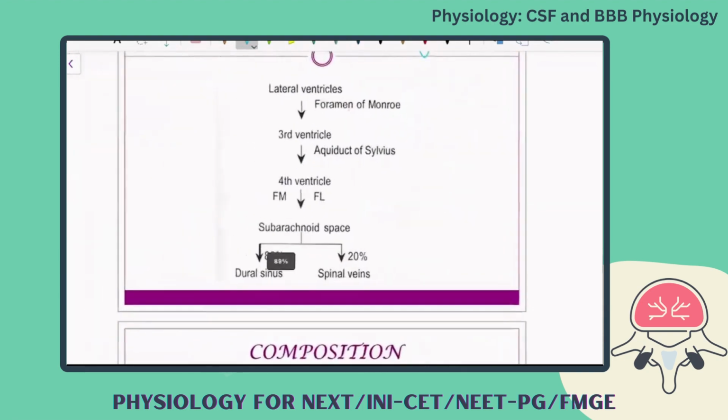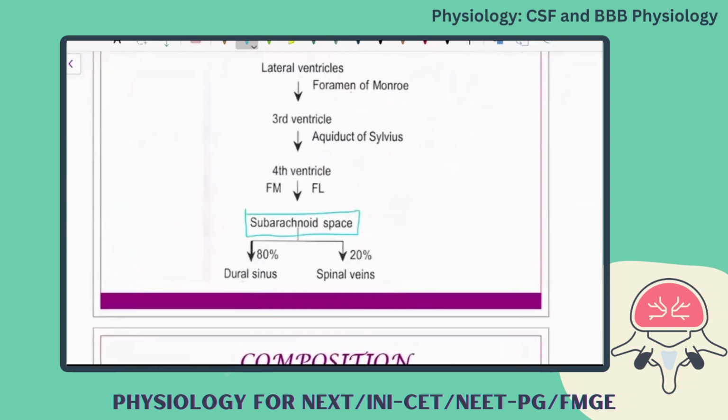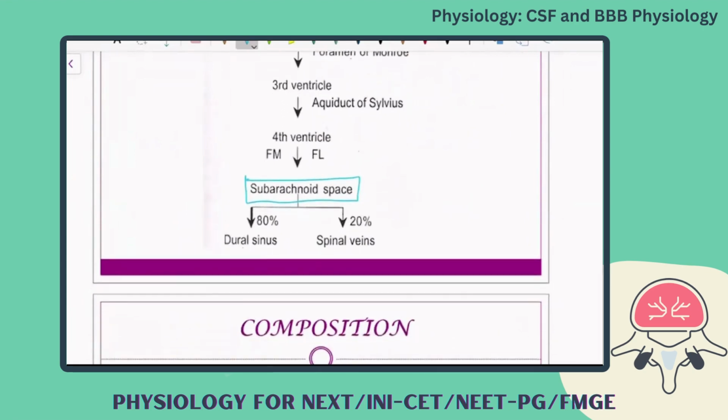And finally, after entering the subarachnoid space, whatever fluid is being secreted also has to be drained. It is drained 80% in the dural sinuses, which are present at the level of the dura mater to receive all the venous drainage from the brain and its blood vessels.